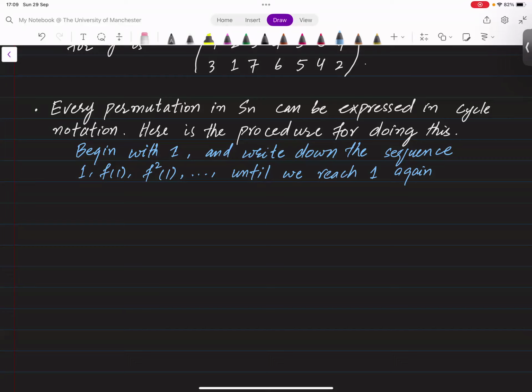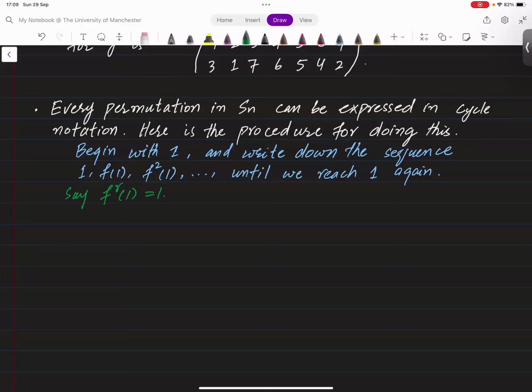Now this must happen since we are working with a finite set, so we cannot carry on writing down new symbols forever. Now say f to the power r of 1 is 1.